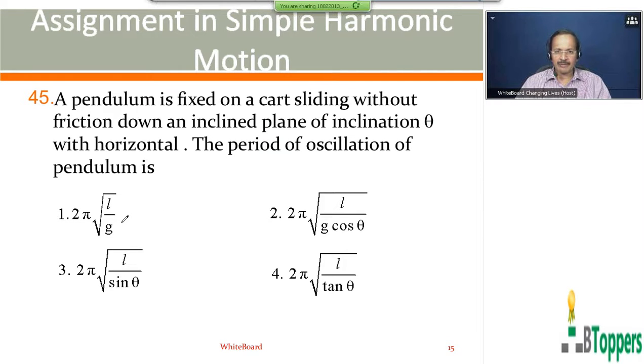First option 2π root of L by G. Of course, you understood that L is the length of the pendulum. Second option 2π root of L by G cos theta. Third option 2π root of L by sin theta. You write here sin theta into G in the denominator to make it dimensionally correct.